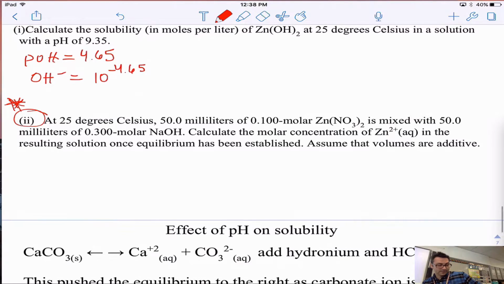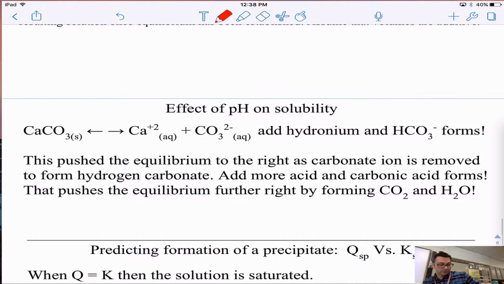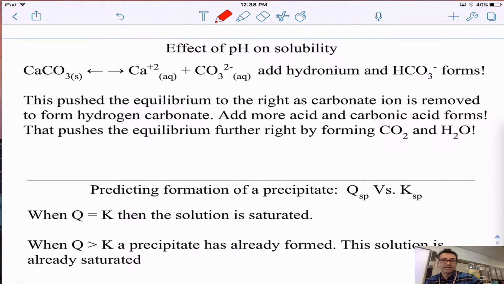Okay, here's another example that I wanted to talk to you about, which was how pH affects the solubility. This sort of relates to what we saw with the zinc hydroxide, except in this case we actually have another chemical reaction that's occurring. In this case, I have this pretty insoluble salt, calcium carbonate. And if I start adding H3O plus to this, it will actually react with the carbonate ion.